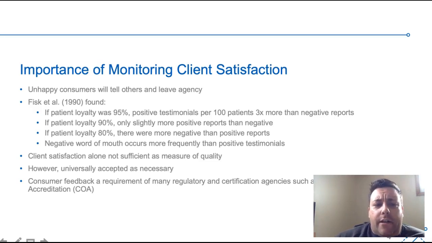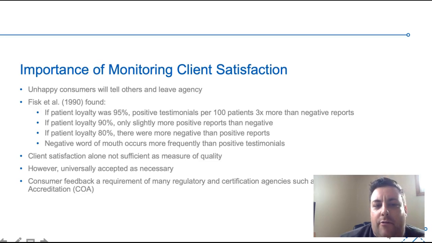They found that loyalty was related to the rate of testimonials, and they used testimonials as a phrase for how clients were talking about an agency to others. So they were essentially testifying to others that they were pleased with this agency, or displeased.